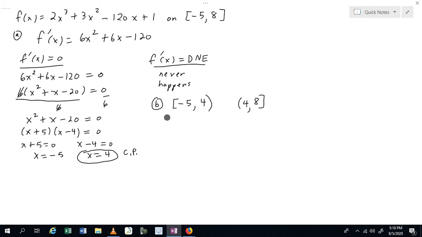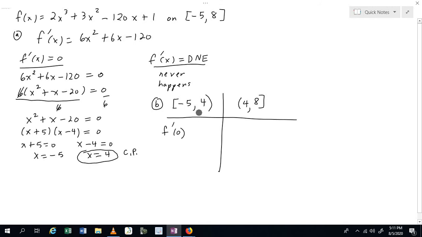Now we're going to check both of these intervals and see whether the first derivative is positive or negative on each of them. We do that by picking a test point in the interval and plugging it into the first derivative. A good test point here might be 0, but you can pick any point in this interval, and you'll get the same sign for the first derivative. It's going to be the same for all of them, so it doesn't matter which point you pick. I'm just going to pick 0 as my test point and plug that into the first derivative.